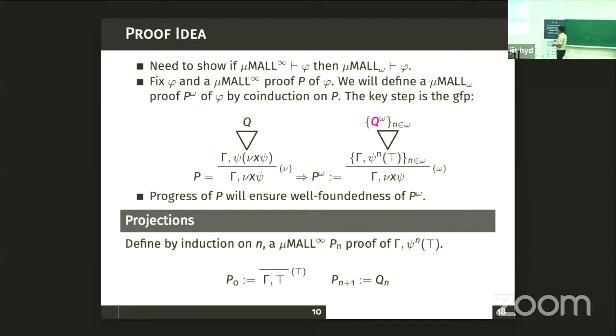But then how do you define the sequent? It's just replacing every occurrence of this fixed point formula in this proof by phi n. So basically, you can just substitute, and by induction we have Qn. And now you can just appeal to the co-inductive hypothesis by plugging in Q omega.